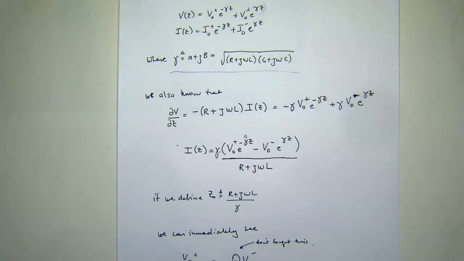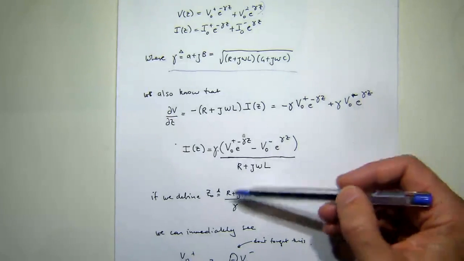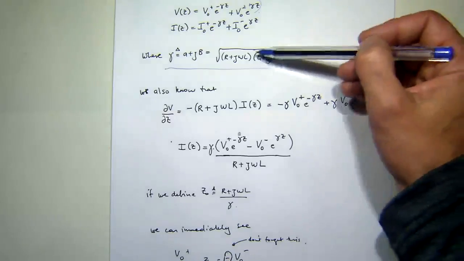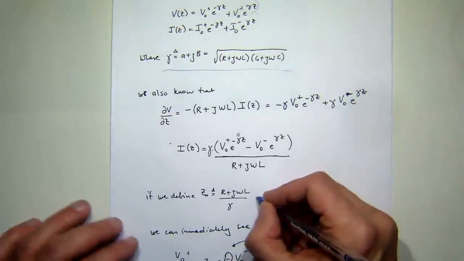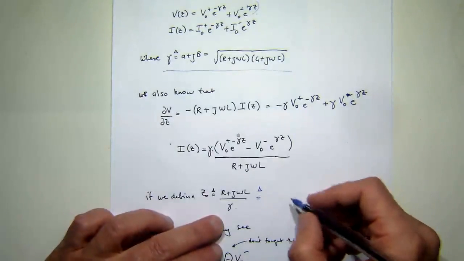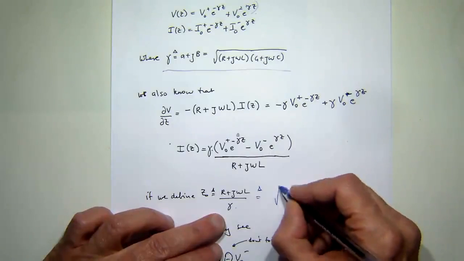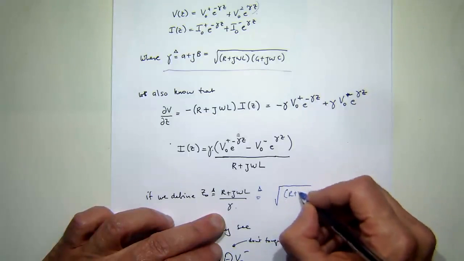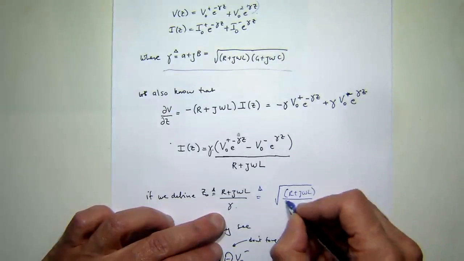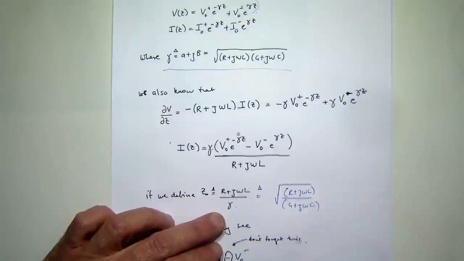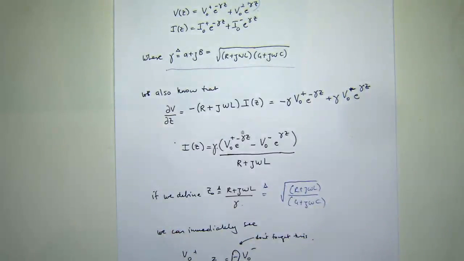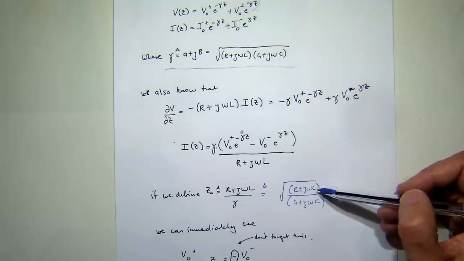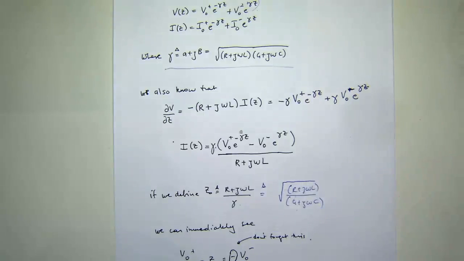The characteristic impedance is (R plus j omega L) on gamma, and we know that gamma is this quantity. I'm going to get this wrong and embarrass myself immensely, but it's just this. And essentially when R and G are equal to 0, we find that the characteristic impedance of a transmission line is just the square root of L on C.